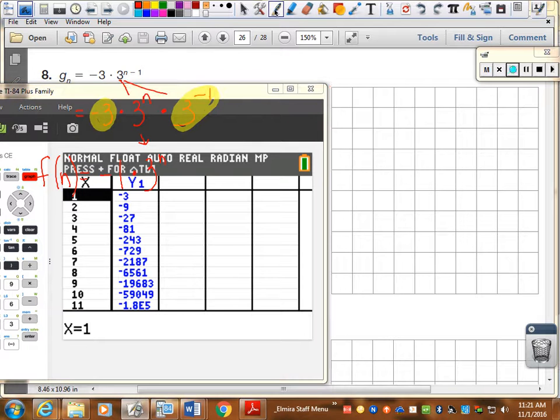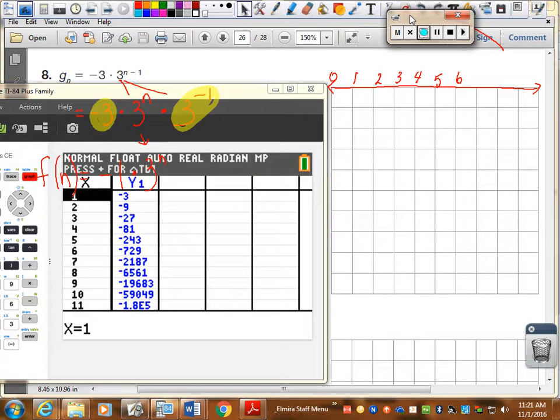So the x-axis is now going to go across the top. 0, 1, 2, 3, 4, 5, 6, 7, 8, 9, 10.